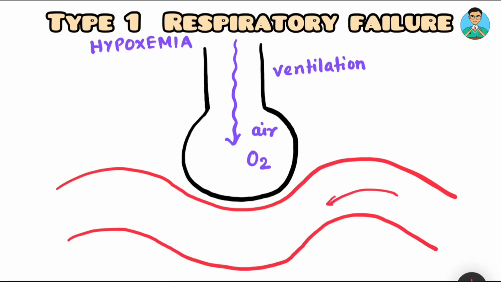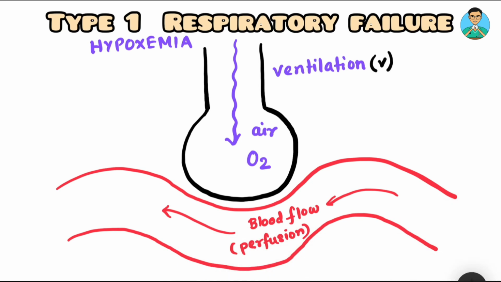This blood flow is what we call perfusion. Now the ratio of ventilation to perfusion is known as the ventilation perfusion ratio. We mark ventilation by V and perfusion by Q, and what we get is a V by Q ratio, that is the ventilation by perfusion ratio.